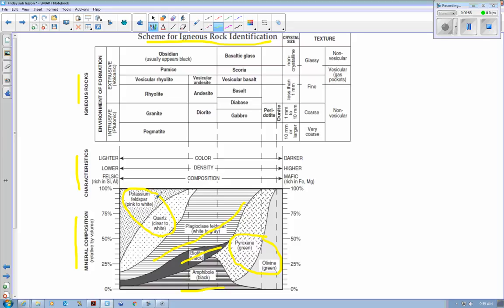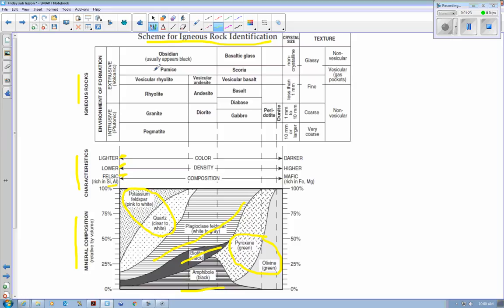But the ones on the left have specifically these three characteristics. They have a light color, they have a low density, and they're what we call felsic because they're rich in aluminum and silicon. If you check your page 16 reference tables, mineral compositions, you'll see that silicon and aluminum are very present in those two.